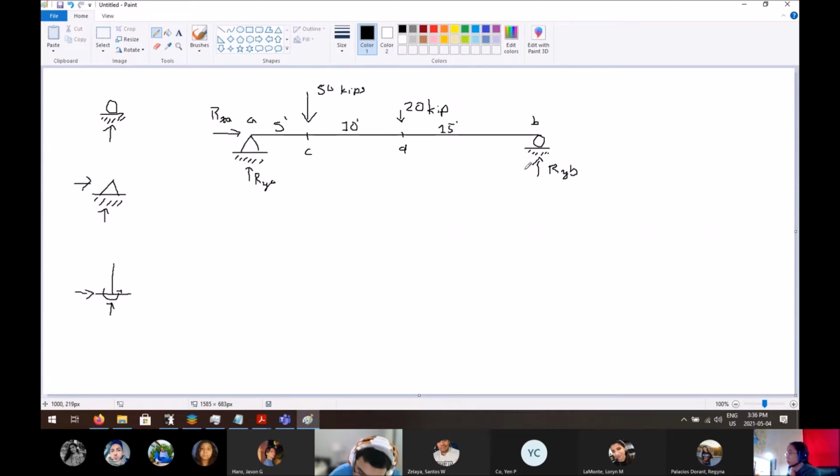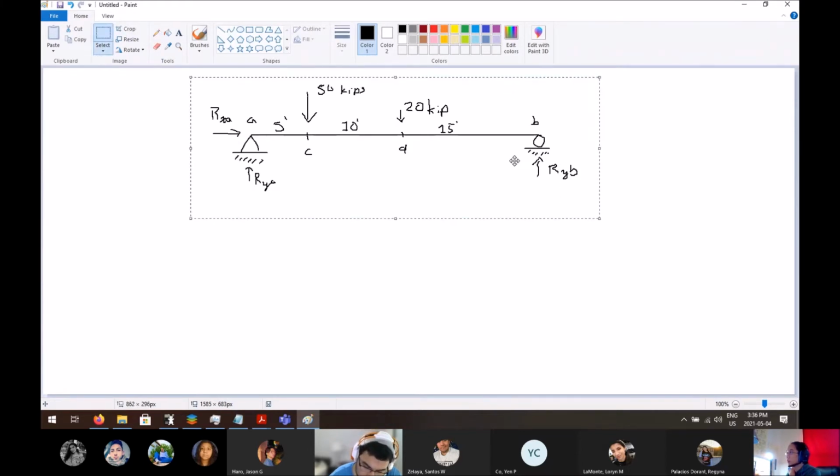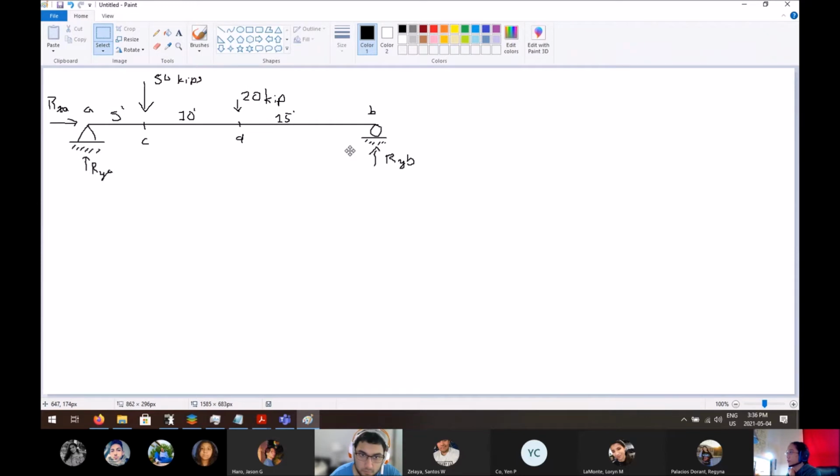What do we do with this? We have to find the reactions. Let's take summation of reactions. There are three different types: reactions in the x direction, reactions in the y direction, and moment reactions, summations of moments.